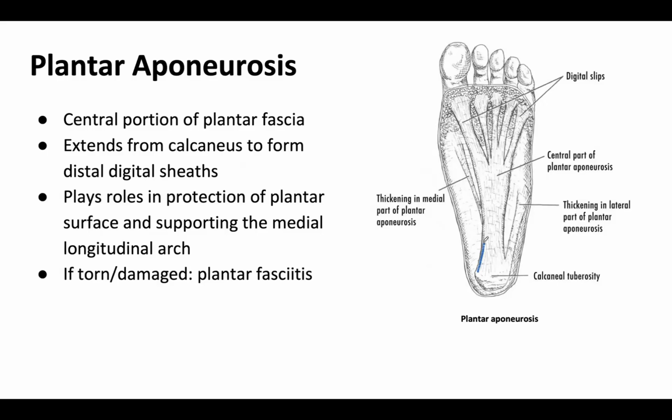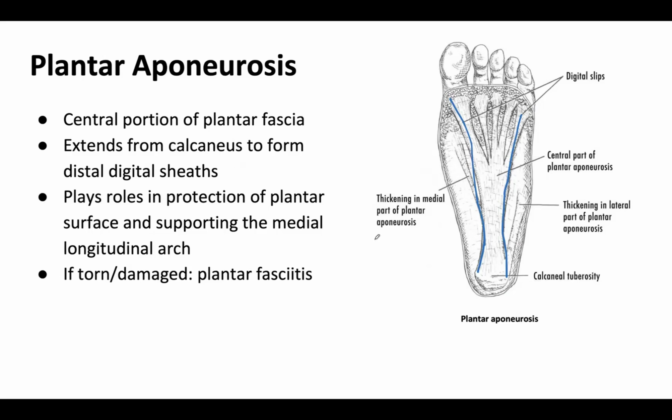And it's notable because it's quite a bit thicker in this central portion. It's thicker than the surrounding fascia, and it will extend from the calcaneus and form these digital slips that will head up, as the name would suggest, to the digit. So you're going to have 5 different digital slips.